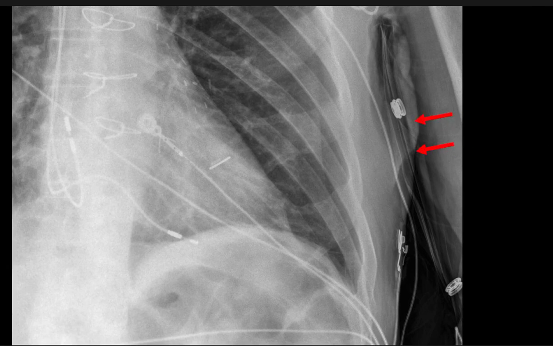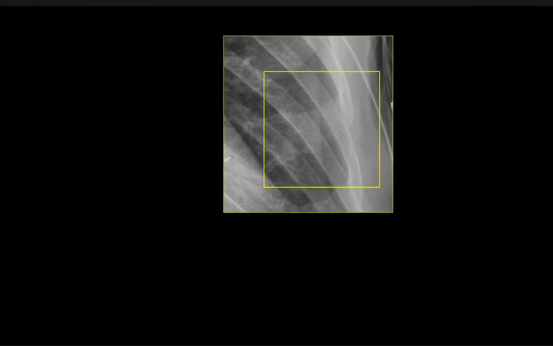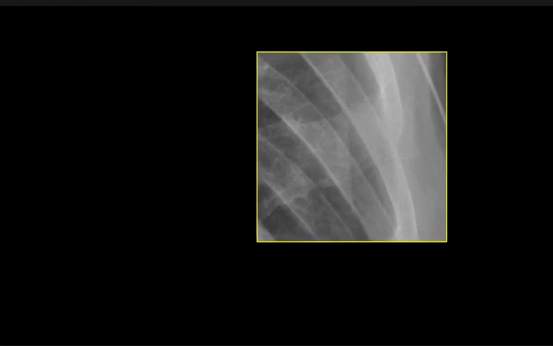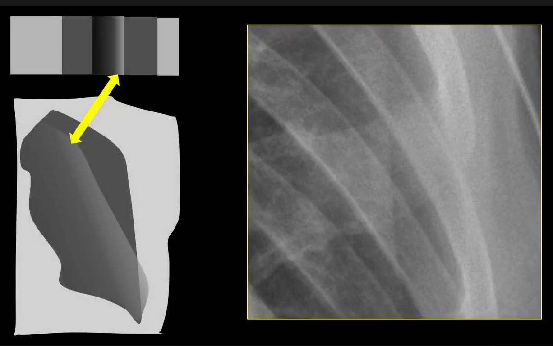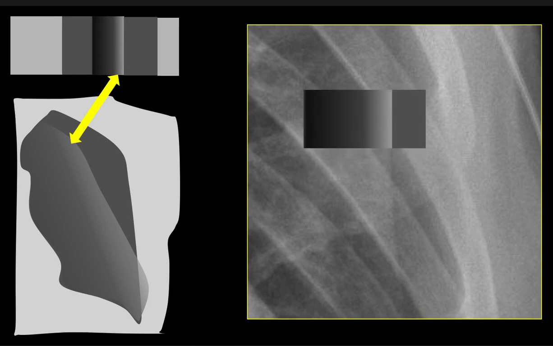All right, back to our case again. Okay, sure enough, there it is, right? Let's zoom in here and blow that up. This was the schematic that we had for our skin fold. Sure enough, there. Can I convince you that that is a gradient and not a thin white line? So this is a skin fold.